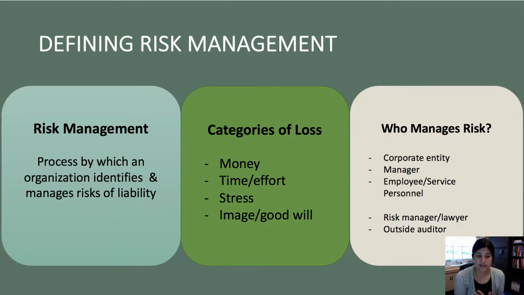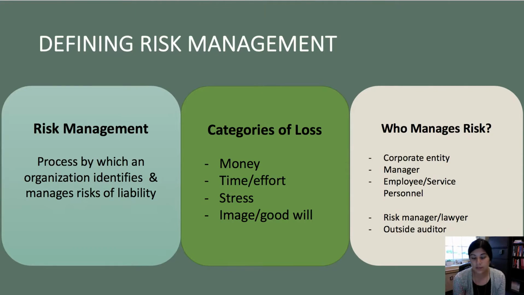There's definitely this idea that, well, if we have an insurance policy, maybe it doesn't matter if we think about risk, we're covered. But as you can see here, there are a lot of different categories of loss that impact us as K&R practitioners. It's not just about money, although certainly money is one of those categories of loss if we're involved in a lawsuit in terms of the monetary damages we might have to pay out.